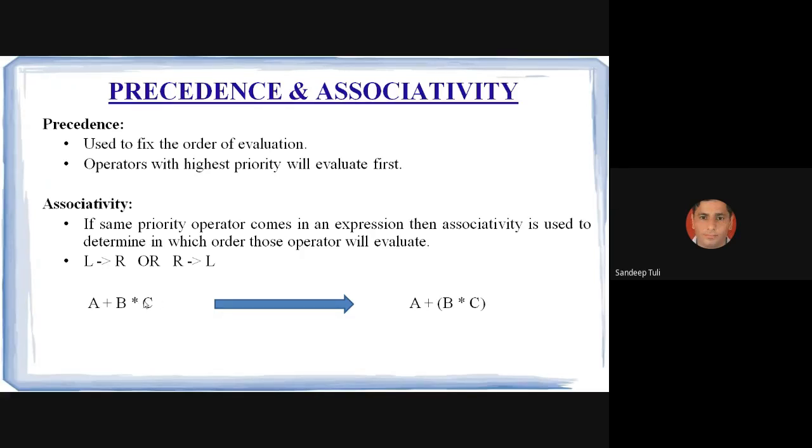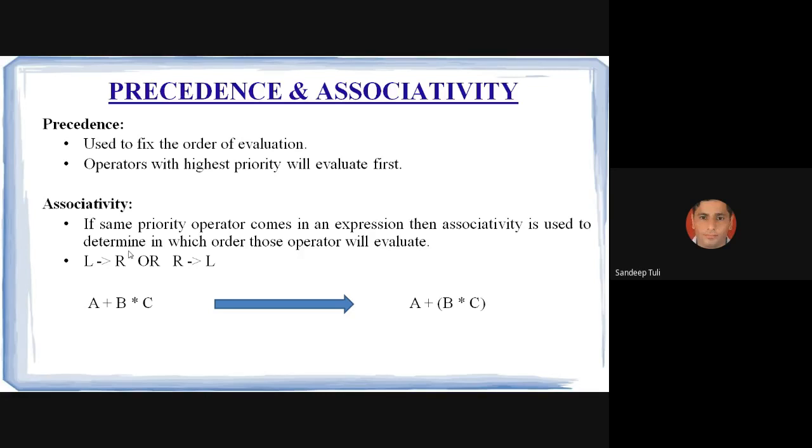Now what is associativity? Suppose same priority operators occur, like a plus b plus c होता है यहाँ पर, तो क्या होता? दोनों प्लस हैं. Then what we will do? Both have the same priority. Or a plus b minus c होता. We will go from left to right or right to left. It is known as associativity.